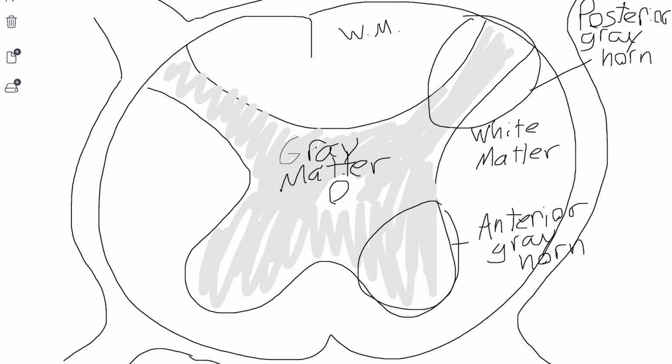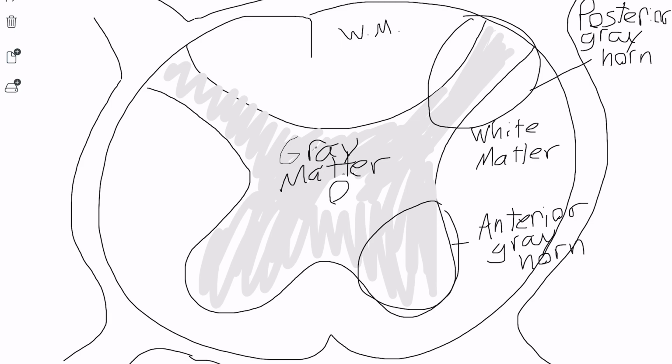For those who haven't, you can pause it and try to remember if you don't already know. I don't think you would have gone over this in cell bio, since you're just talking about cells.